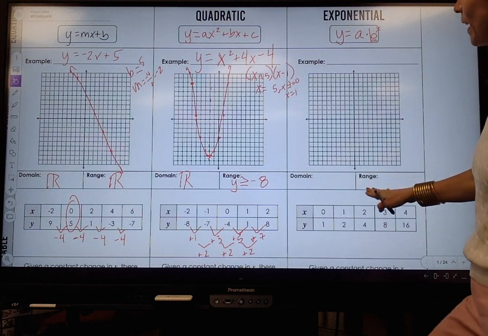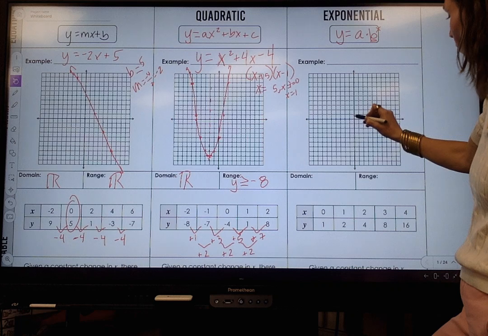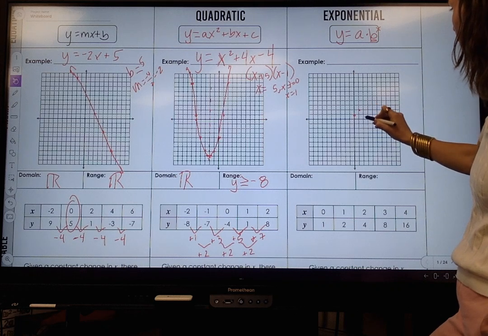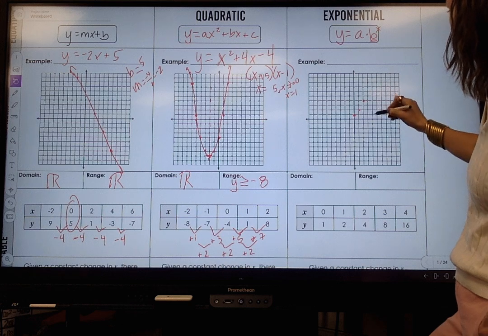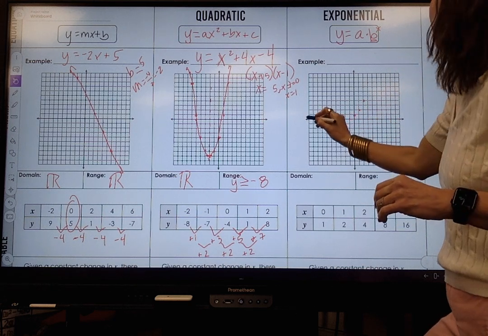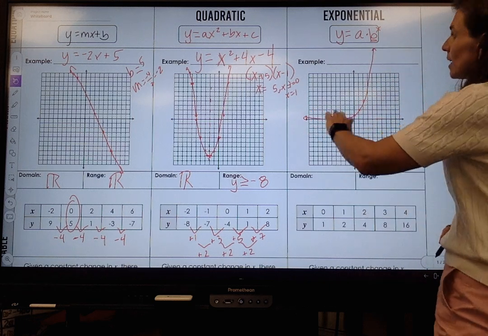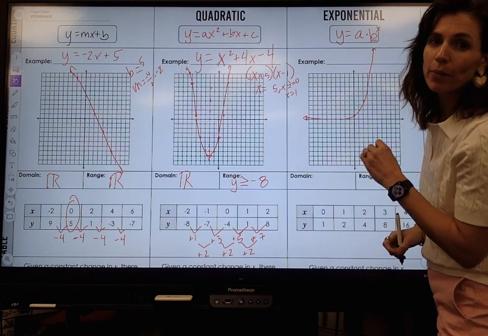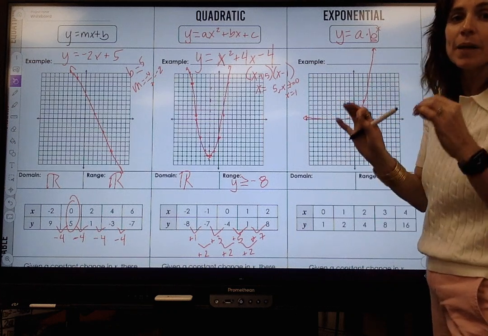So if I look at this table of values and I graph them: 0, 1; 1, 2; 2, 4; 3, 8; 4, 16, off the charts. I see that there's an asymptote, and it's increasing at a very rapid rate. This curve right here makes it an exponential equation.